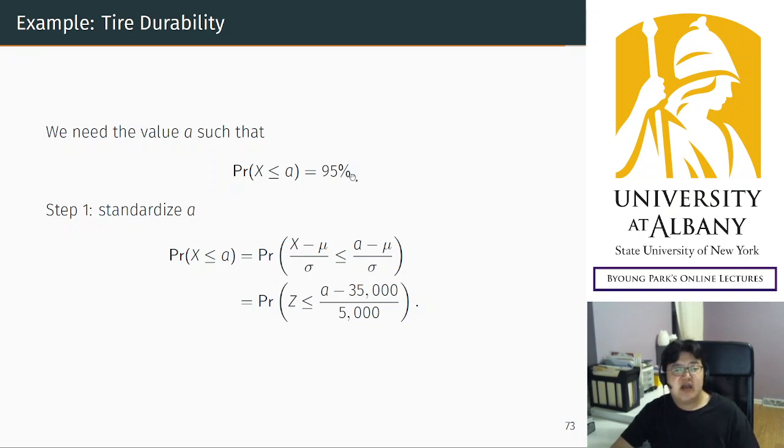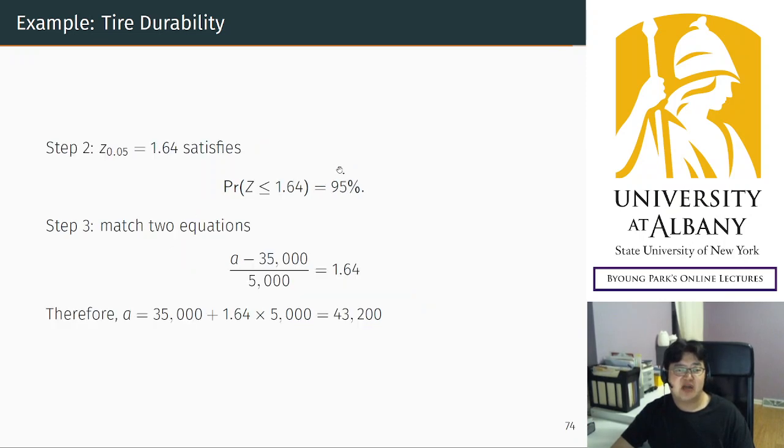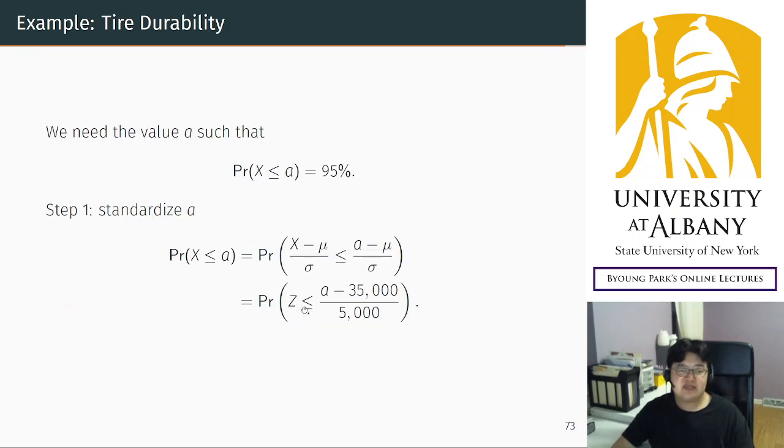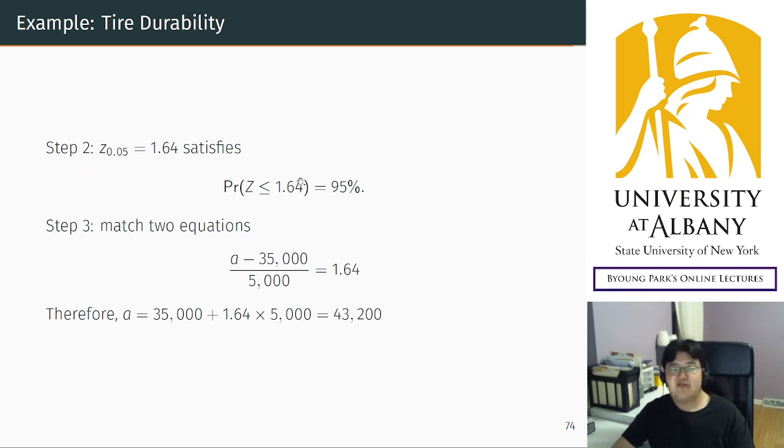But you have to utilize 95%. Using the information 95%, you have to find this number that satisfies the same structure. Z smaller than something should be 95%. So you have to find this number from the normal distribution.